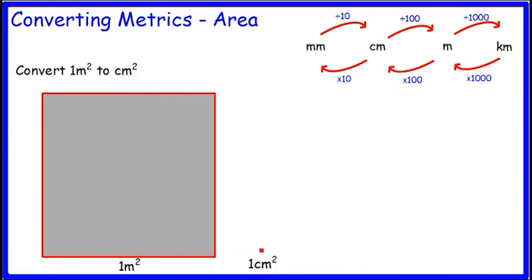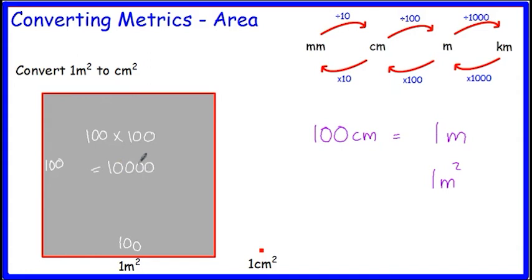So I know that there is 100 centimeters in 1 meter. However, in a meter squared, there is 100. So to get the total there, it would be 100 times by 100, which is 10,000 centimeters squared.